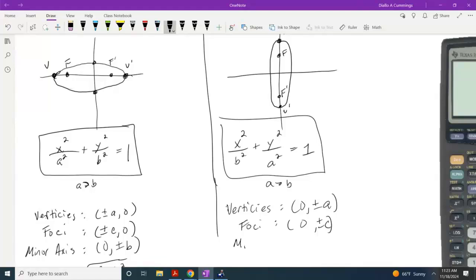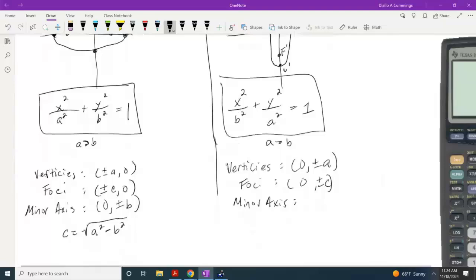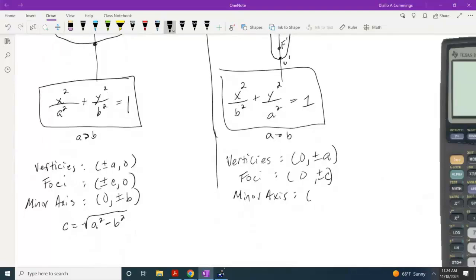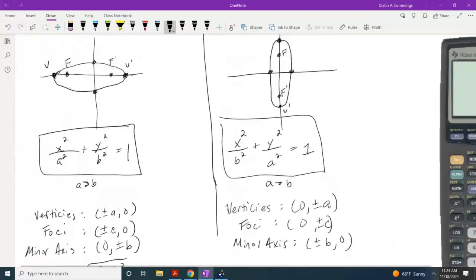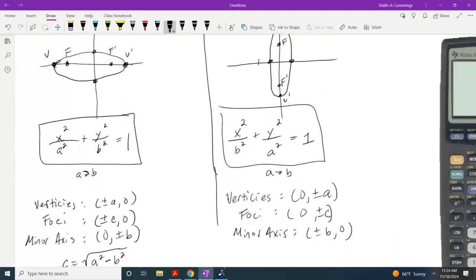On the minor axis, we can find the minor axis endpoints, and they're going to have the coordinates plus or minus b, comma, 0. So that's b and b prime, and I forgot to label these over here.